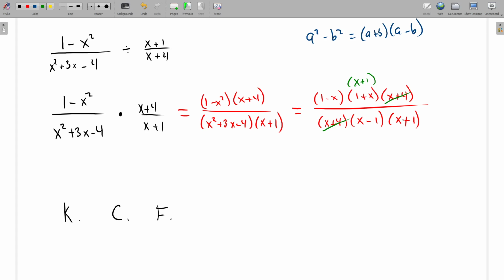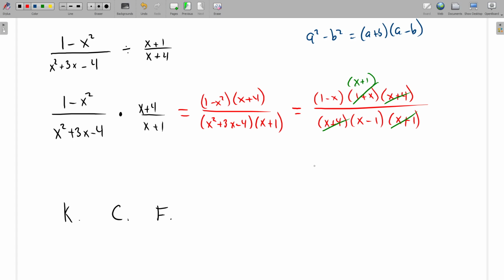So even though they don't look exactly the same, because I can rewrite 1 plus x as x plus 1, we can cancel them out. That is not true for this piece. It is not true for the 1 minus x. We cannot rewrite this as x minus 1 and cancel it out with this term in the denominator. Okay, that will not work.